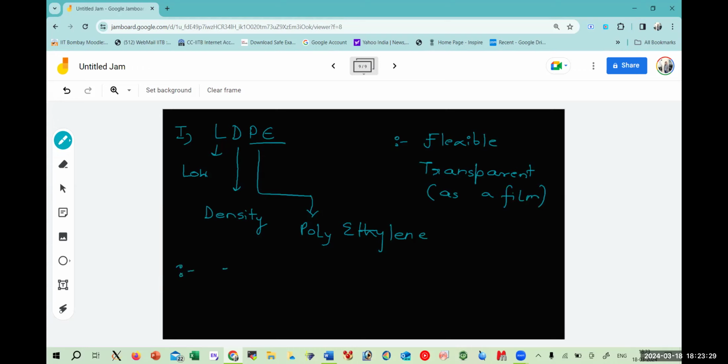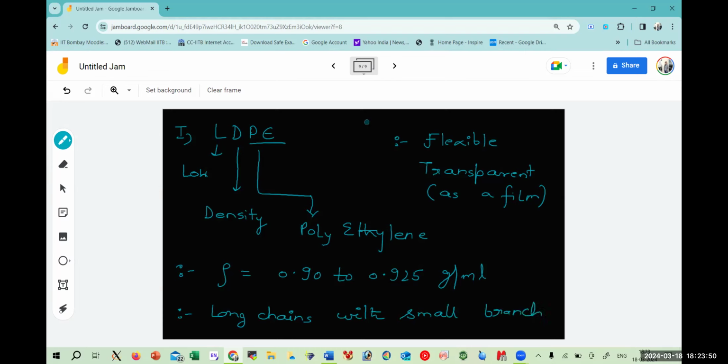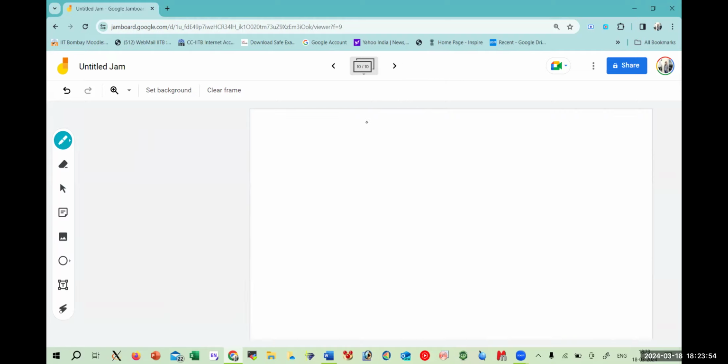Their density lies between 0.902 to 0.925 gram per ml, and they have long chains with small branches. They would be branching in the long chains. So that is about your LDPE.